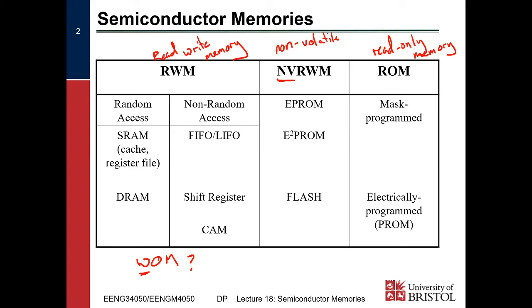It's not normally semiconductor memory, unless you consider flash storage as well. So that is where your SSD sits. You could also call magnetic storage, which is what a spinning hard drive is, a form of non-volatile read-write memory.